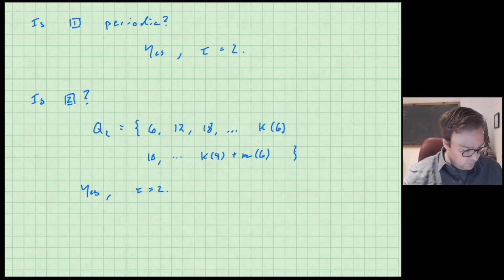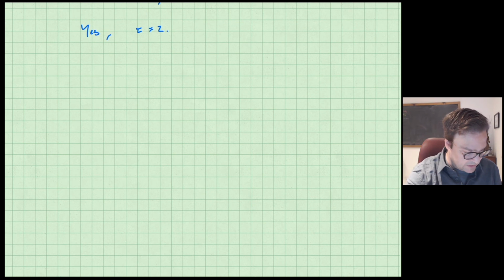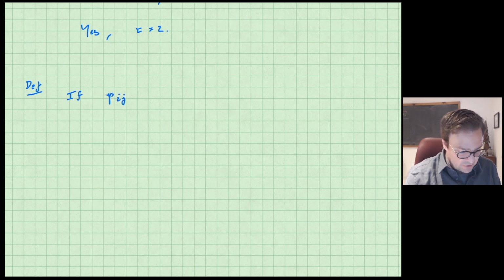All right, just a few more definitions. Two definitions left, and then we'll do one last example. Okay, so we're going to define: if P_ij for some n, the n-step transition probability matrix, is non-zero for n greater than or equal to 0.